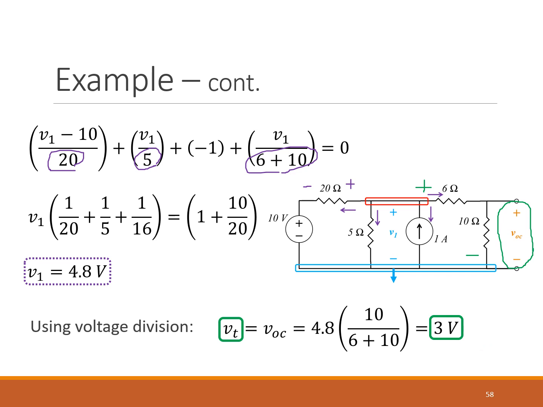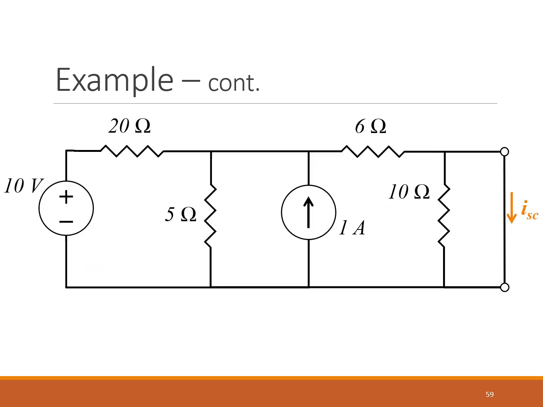Now we just need to figure out what our Thevenin resistance is. So we're going to look at one method in the remainder of this video, and we'll come back in the next video and look at an alternate method. But let's say we stick with our more straightforward algorithmic approach.